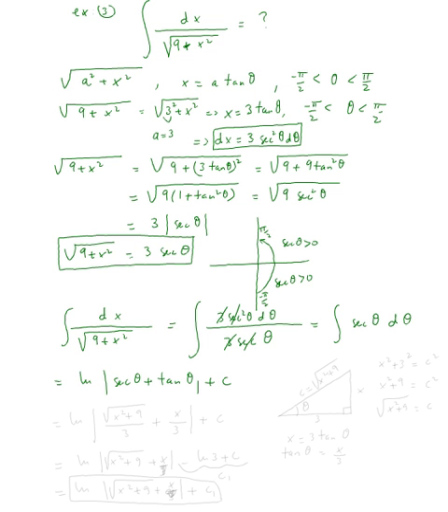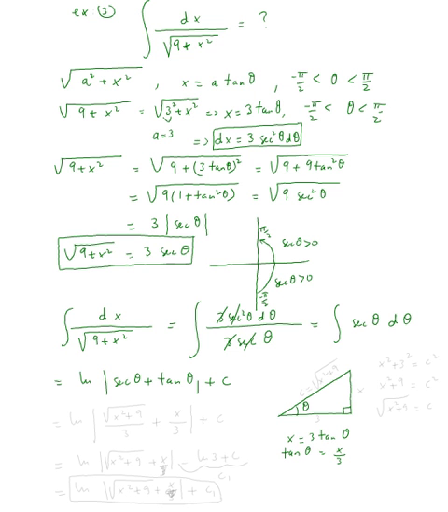c. We need to return to the original variable x. This can be done by drawing the right triangle. Since x is equal to 3 tangent theta, this means that tangent theta is equal to x over 3.